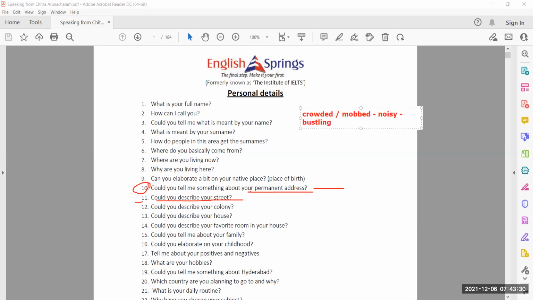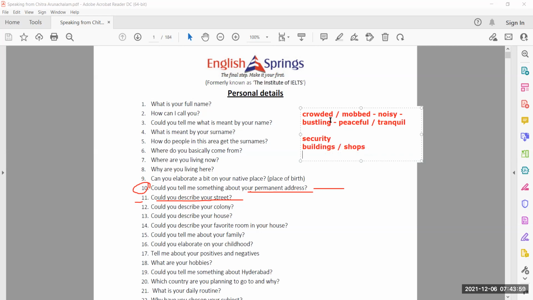Or else you can say it's peaceful. Instead of peaceful, you can say tranquil. Then say something about the security, how well guarded your street is, about the cameras, and about the buildings and shops.